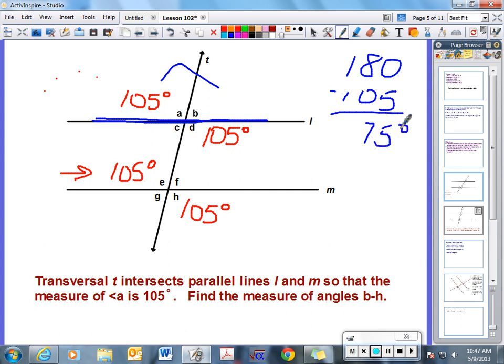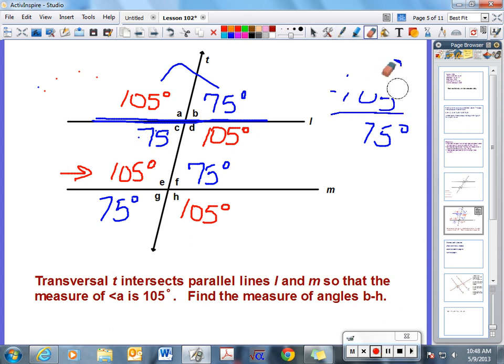So I know that B is 75 degrees. Well, corresponding to B would be F, so that's also 75 degrees. Alternate interior to F would be C, that would be 75 degrees, and corresponding to C would be G, which would also be 75 degrees. And there we have listed all 8 of our angles based on the measure of one of them.